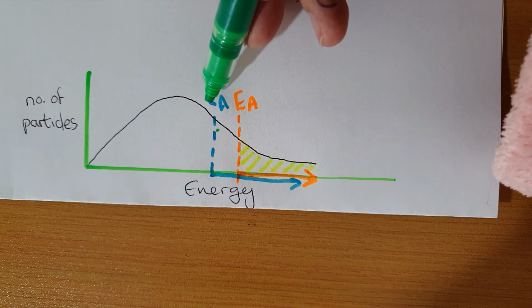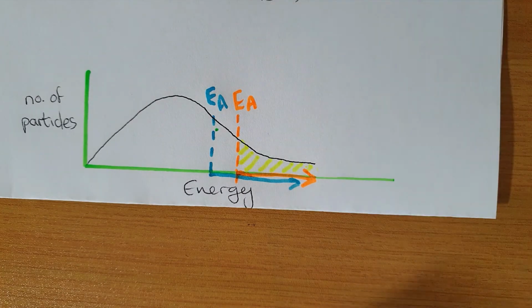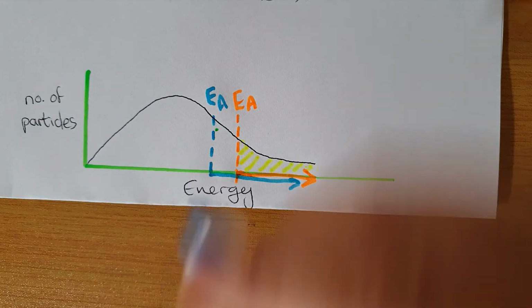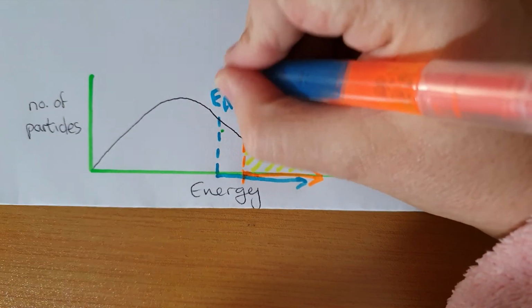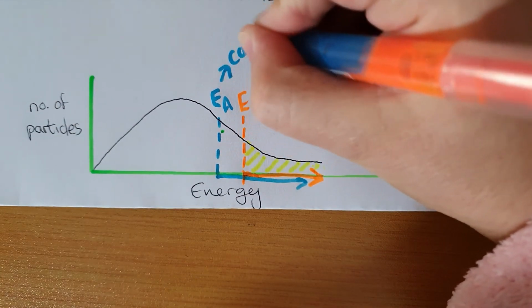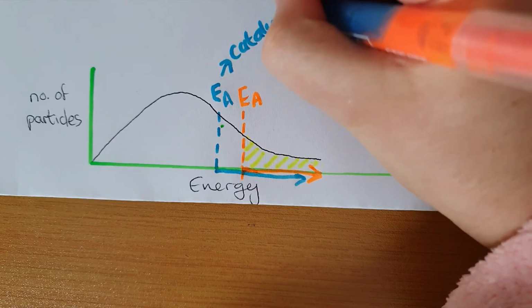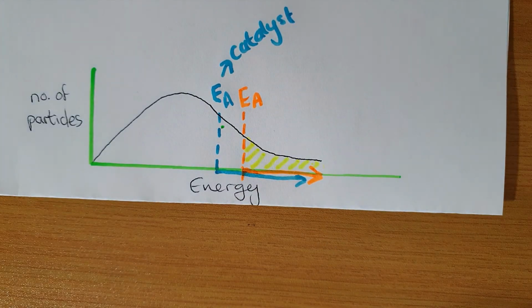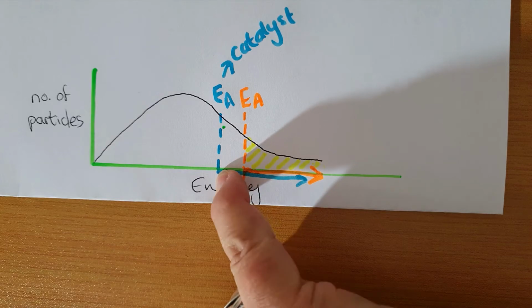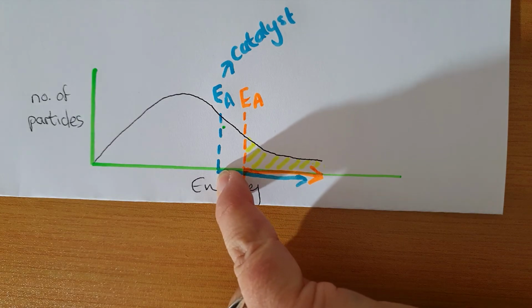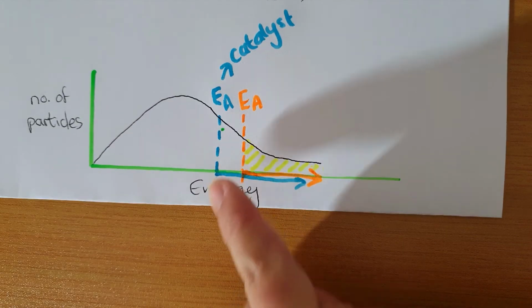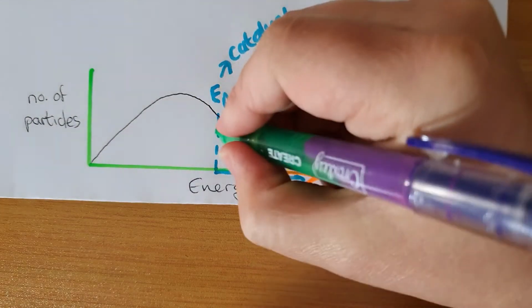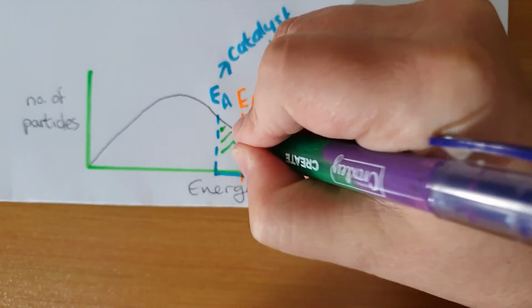The blue activation energy is now new because we've added a catalyst. So we've lowered the entry level for bonding. Our new minimum energy is further down the line. It is at a lower energy level, and so more particles will have a sufficient amount of energy per unit time.